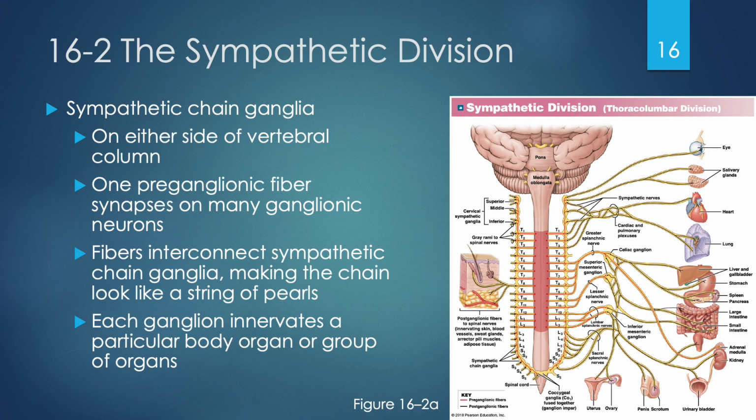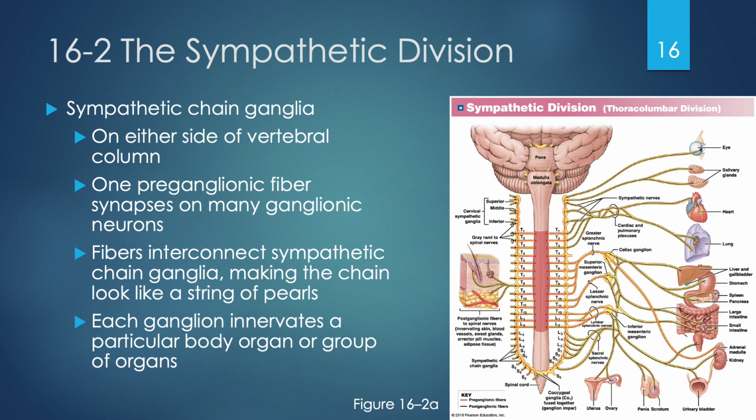So you can see in the image here on the right, just for a very quick example, let's go down to the level of about T5 through T9. So we have here all nerves heading as preganglionic fibers extending out towards the right. They go through the greater splanchnic nerve as they converge, and then they're going to synapse at the celiac ganglion.